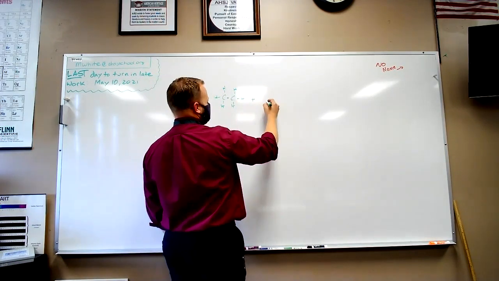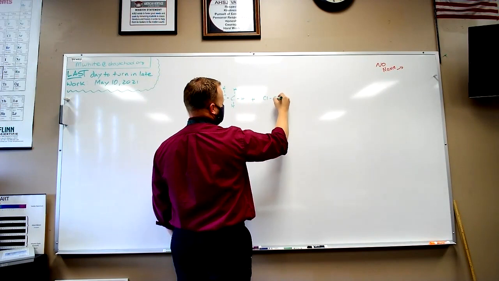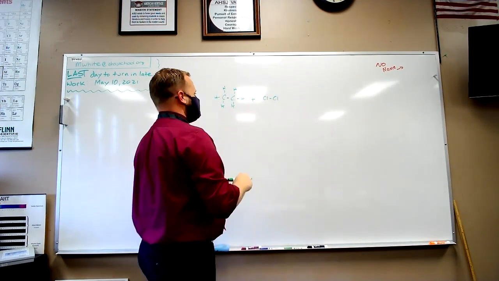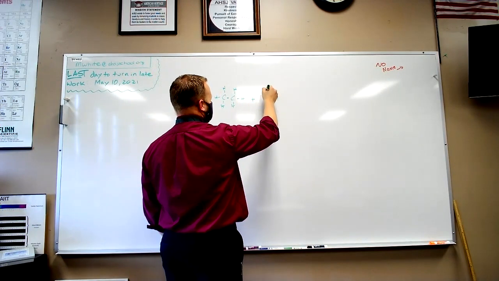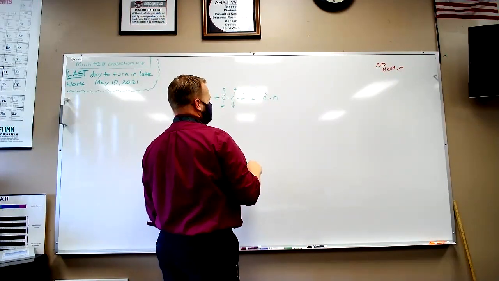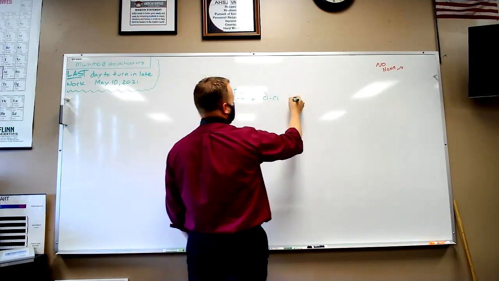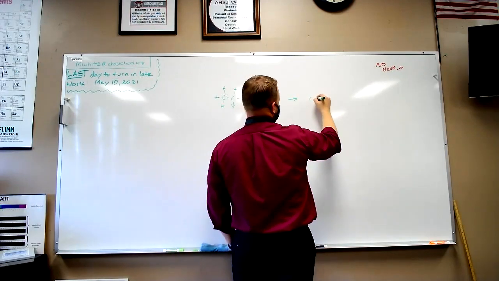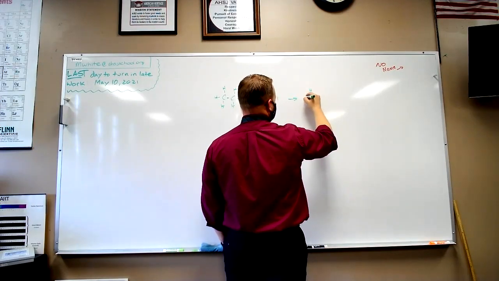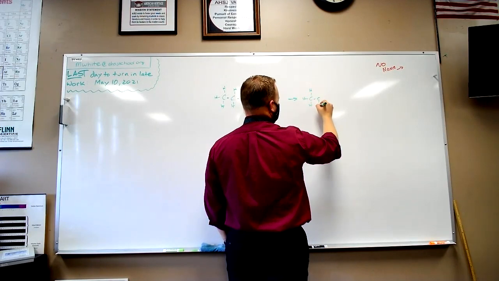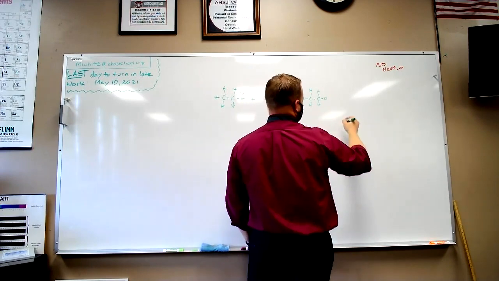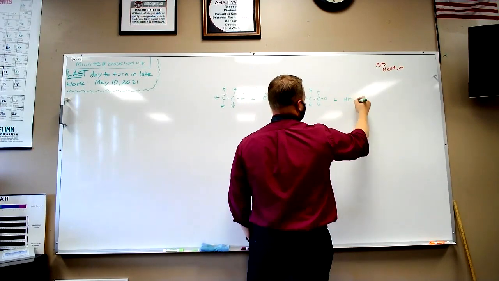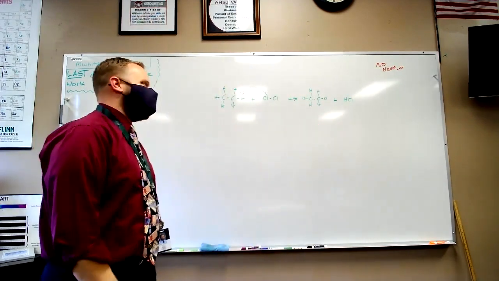And we've added it to chlorine gas. Essentially, what's going to happen is this chlorine is going to kick out a hydrogen. So we're going to get this chloroethane and hydrogen chloride.